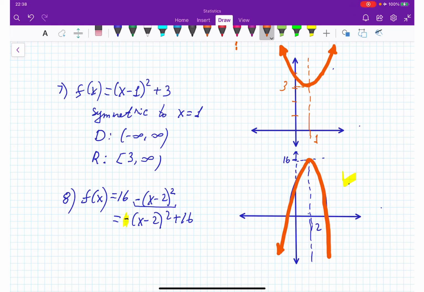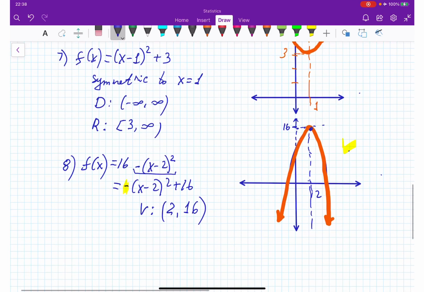Next, what is my vertex here? My vertex is x minus 2, which means it's going to be positive 2, and then positive 16. And indeed, this is positive 2 and positive 16, which means, yes, this equation is describing this graph.